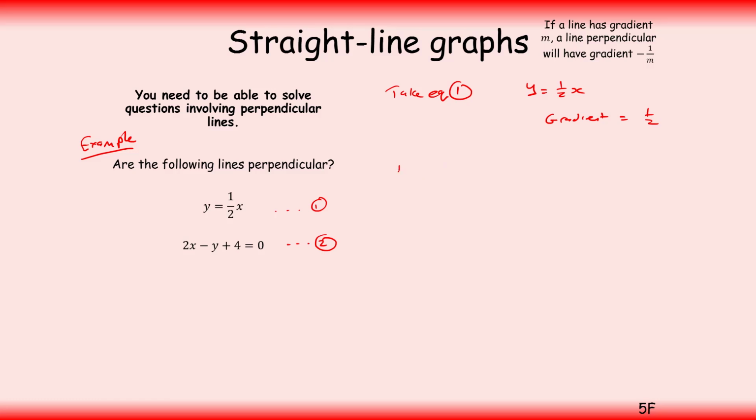So let's have a look and see if it is. So take equation 2. You've got 2x minus y plus 4 equals 0. Let's take the y over to the other side where it becomes positive.